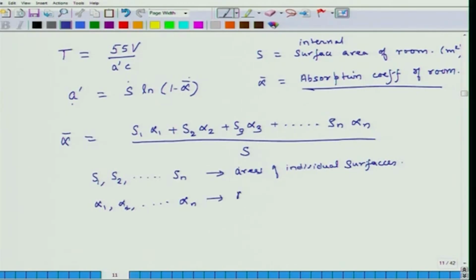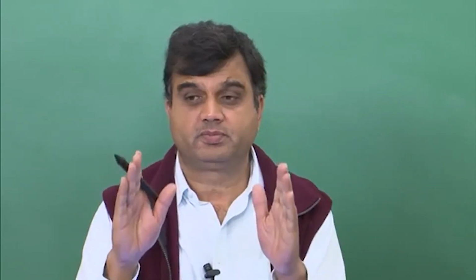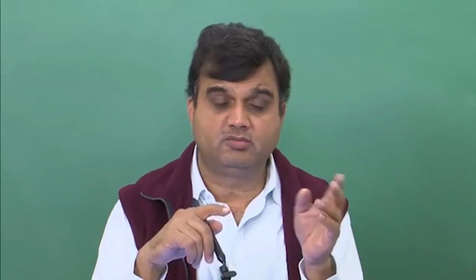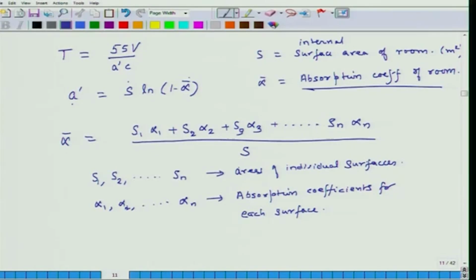These are absorption coefficients for each surface. Okay. So you have to identify each surface in the way that the material of that surface has to be same. You cannot club the surface of a window with that of a wall, because the absorption characteristics of window may be different than that for the wall, than that for a curtain.